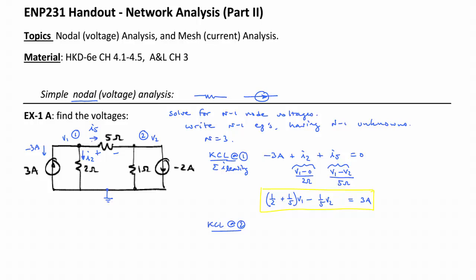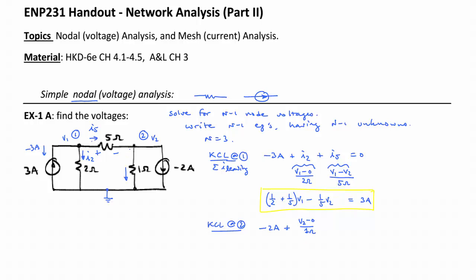Now we've got to do the same thing at node 2. In this case, I'm not going to label the currents. We'll just try to do it directly. I have minus 2 amps leaving through my current source on the right. The current going down through the 1 ohm is going to be V2 minus 0 over 1 ohm.